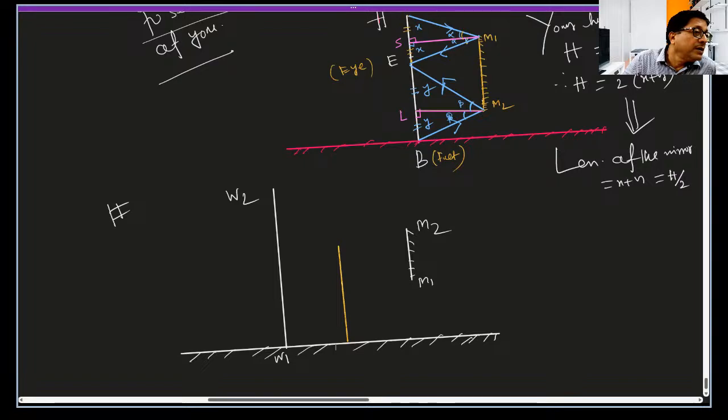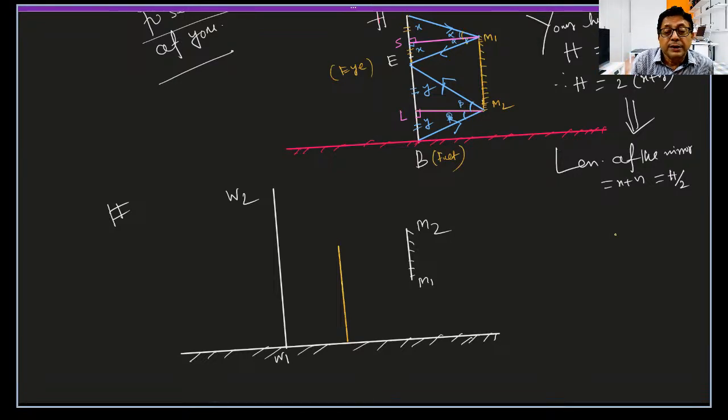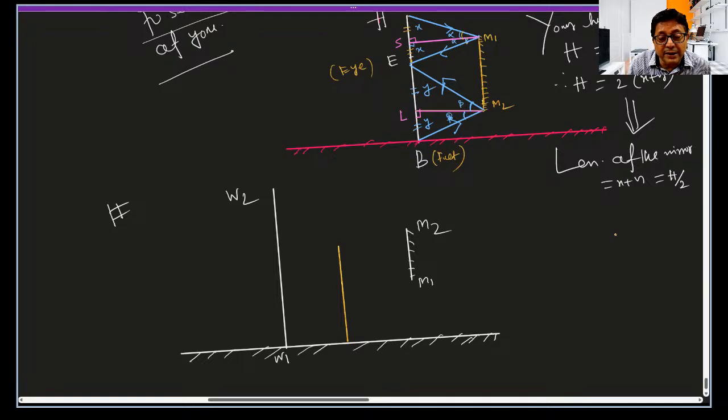I have to see the full image of myself. Where? Not in the mirror, in the opposite wall. Then height of the man, I am taking this one as AB. AB is the man, standing exactly midway between these two. This one say A, this distance, so this distance has to be A. Clear?